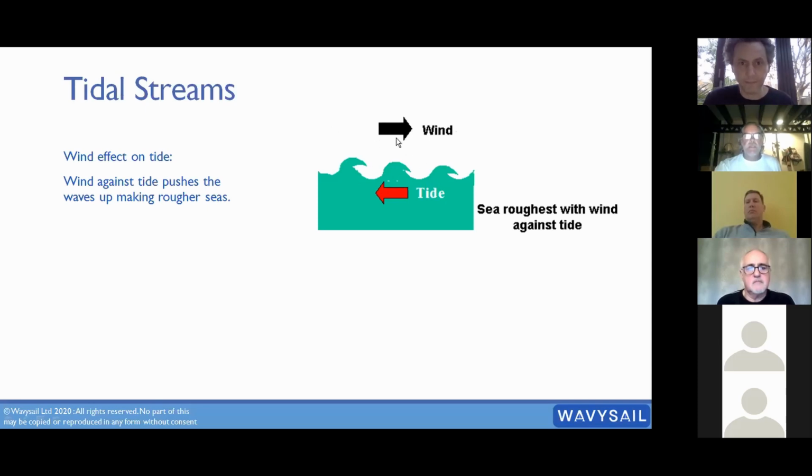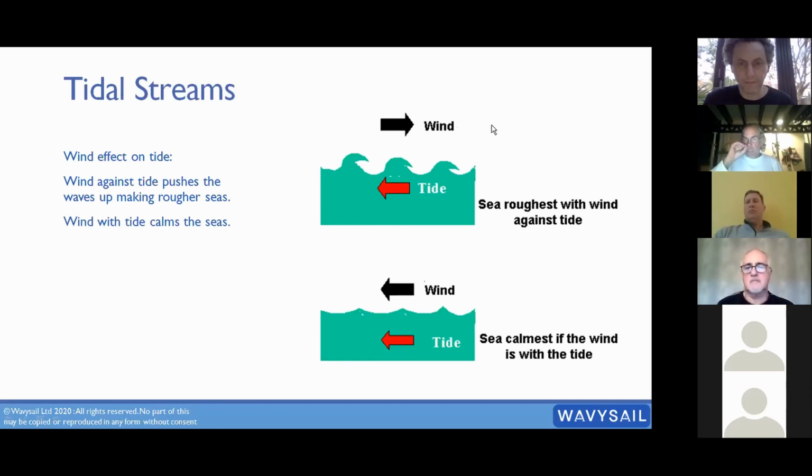Even in light breezes, you still get very aggressive seas. When you've got tide with wind, the two moving together, even in quite aggressive winds, the seas are very calm. So you really want to be avoiding wind against tide and targeting wind with tide.